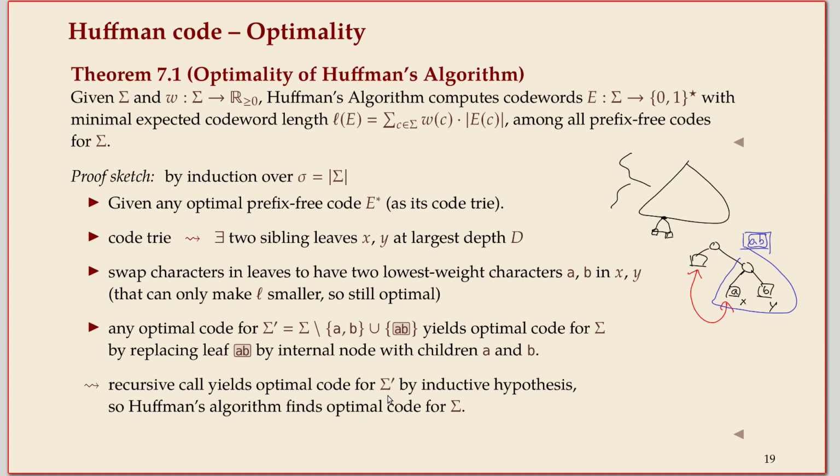So I can use the inductive hypothesis for the recursive call that Huffman's algorithm constructs an optimal tree for this sigma prime, and conclude that by inserting this little tree, we also get an optimal tree for the whole of sigma. So to sum up and conclude for today, Huffman's algorithm computes an optimal code trie given weights for the character symbols, and it does that even efficiently.